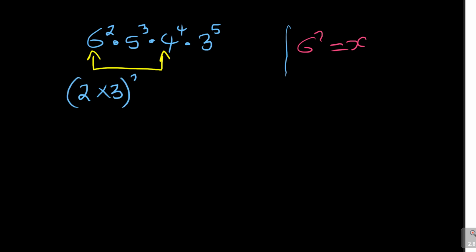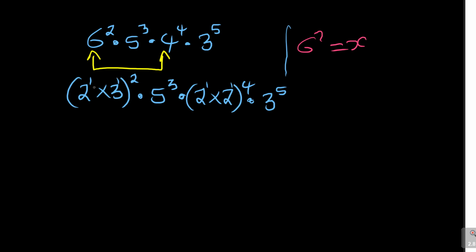To the power of 2, because 6 is 2 times 3, and then times 5 to the power of 3 times, now what is 4? It's 2 times 2, remember, which is 2 squared, to the power of 4 times 3 to the power of 5. Let's see whether it makes sense. But don't forget that there is power 1 inside, power 1 inside.